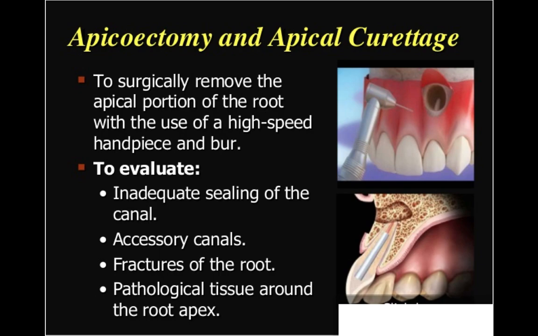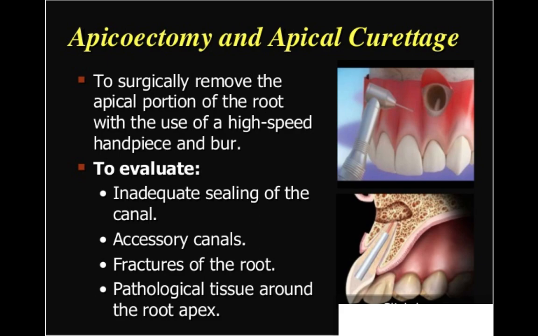We use this method when there is inadequate sealing of the canal, when there are accessory canals which we can't fill, when there are fractures of the root, when there is pathological tissue around the root apex, especially difficult granulomas or abscess.